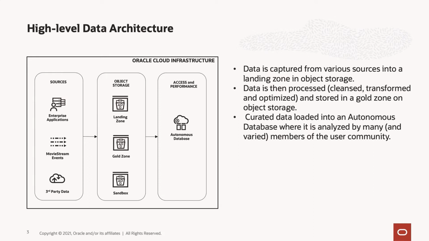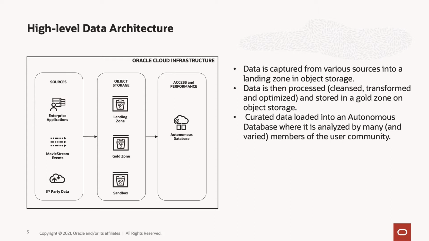So an example of this transformation is sales data. So sales data is landing as CSV files. It's then cleansed, it's transformed into partitioned Parquet formatted data that's optimized for query in the gold zone.